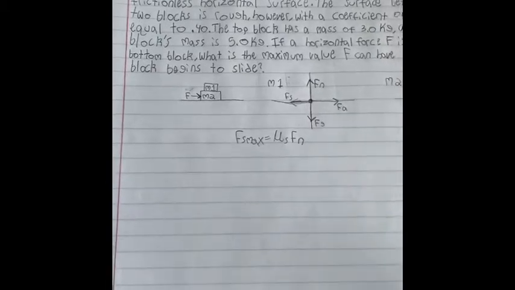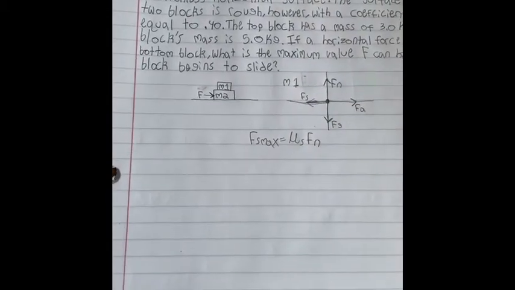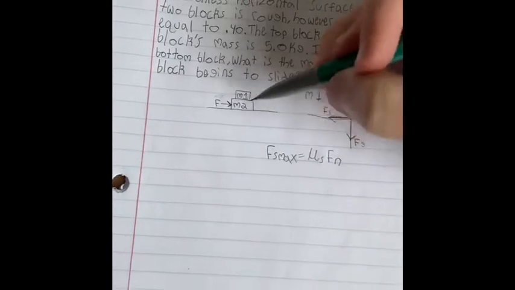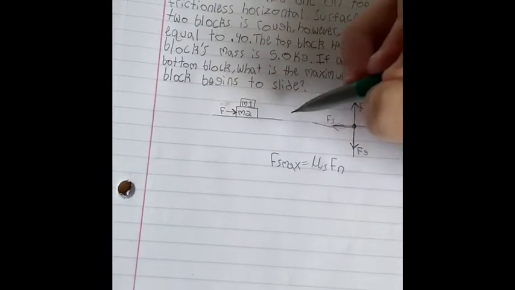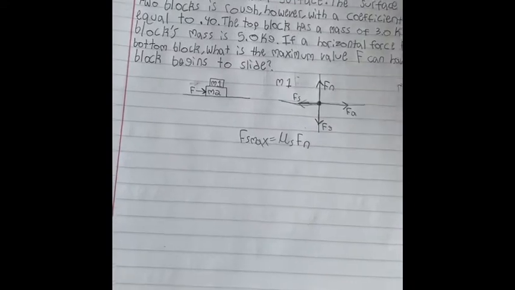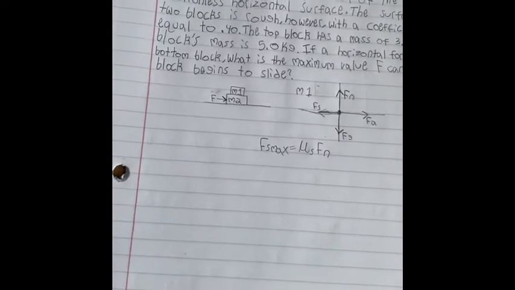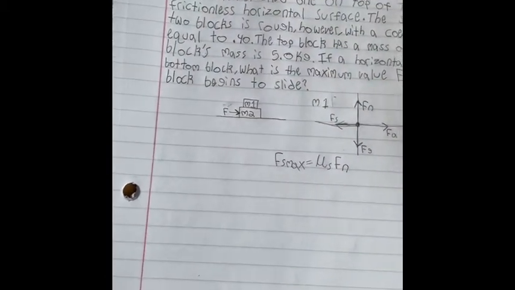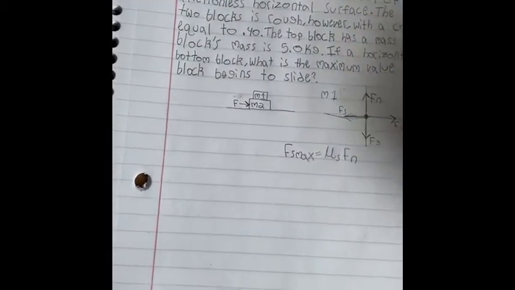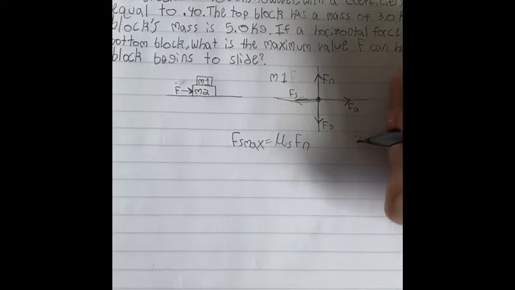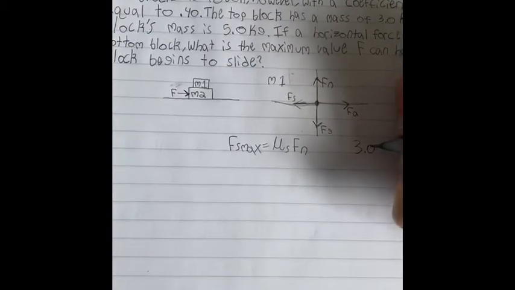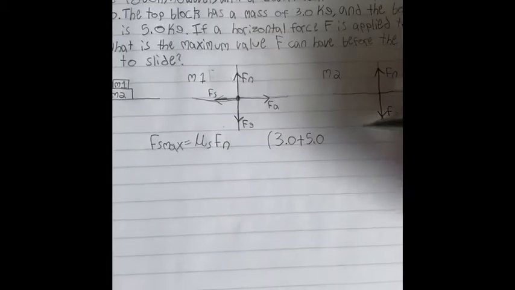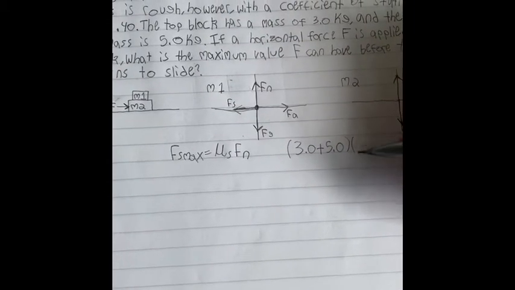So since the blocks are just moving horizontally, the normal force is going to be the same as the force of gravity. But since there are two blocks, one on top of the other, the force of gravity will be 3.0 plus 5.0 times 9.81.